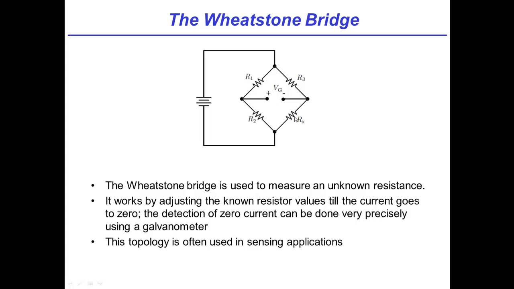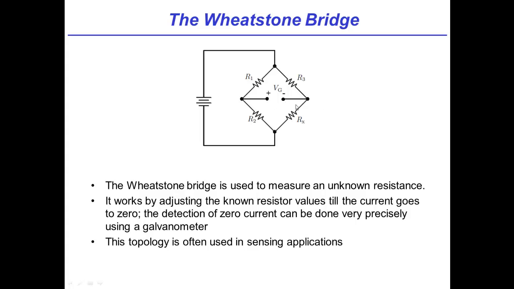Got it. Now, the way we do that is we will have known values of R1, R2, and R3. If we can change them in known ways, we find the point at which the voltage between the two nodes labeled plus and minus is 0, or equivalently, if we put a galvanometer here, there is no current flow between these points.